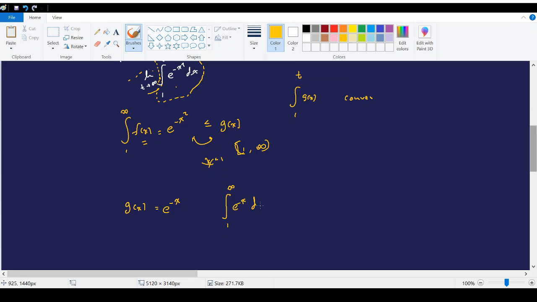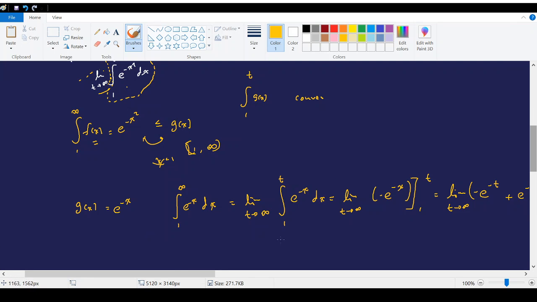Now this one, we know the answer for this integral. Since this is a type 1 integral, we can use the theory that we have done before. That means we can write down the integral like this, and then evaluate the answer.